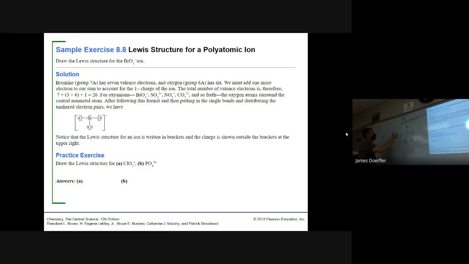Okay? So then I use dots. 1, 2, 3, 4, 5, 6, on each oxygen. If the math is correct, placing 6 electrons on each of the oxygens results in the use of 24.